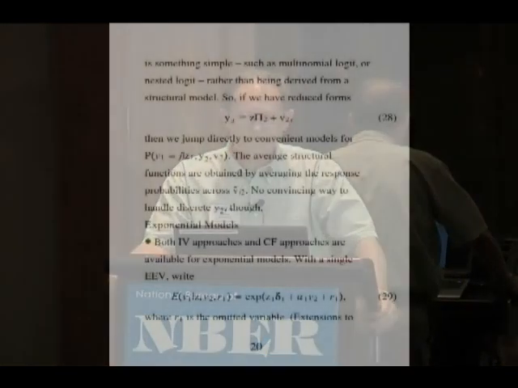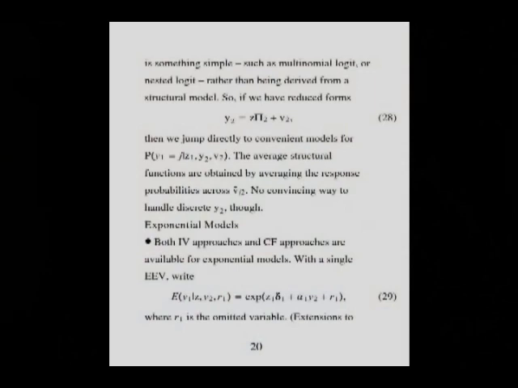Still, clearly, the simplest way to go is to use things like logit and nested logit. The problem with trying to account for endogeneity in those models is that the normal distribution doesn't mix very well with the logistic distribution. Even if you start with an equation like 28, which I've now written with y2 as a vector, as long as everything is normally distributed, you don't really have to worry.